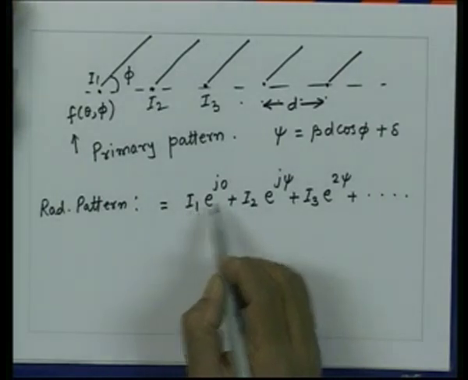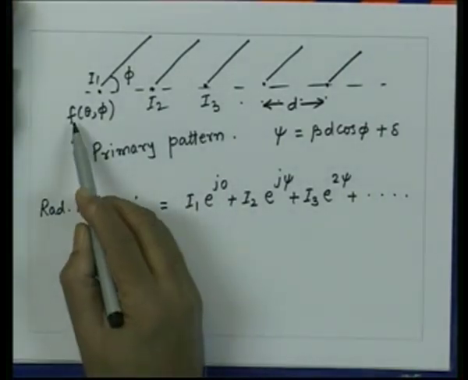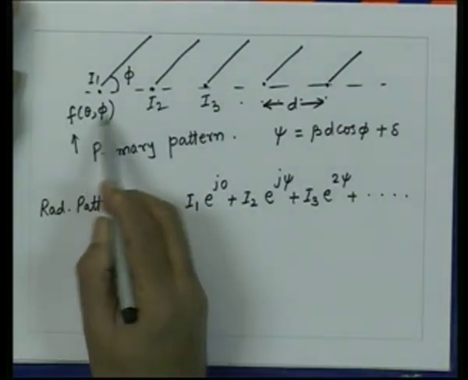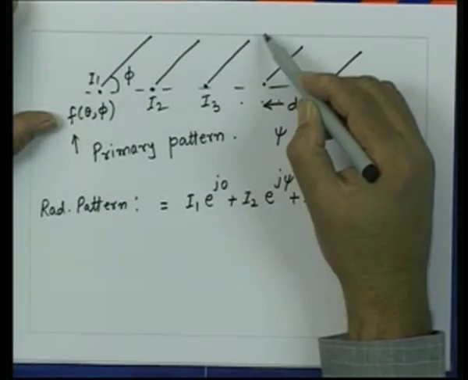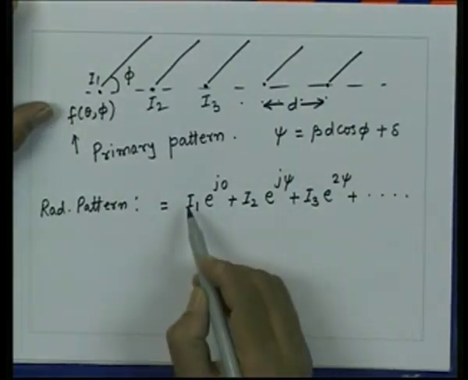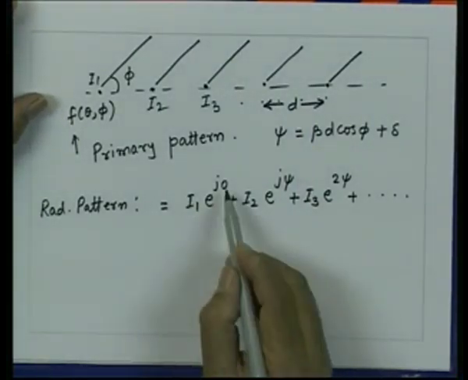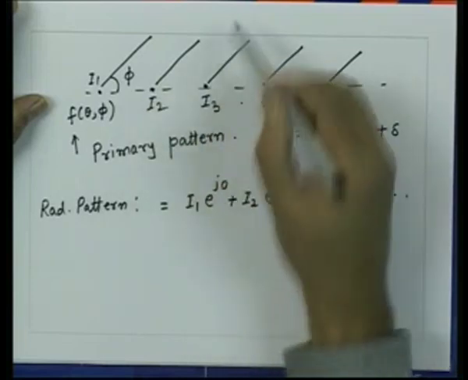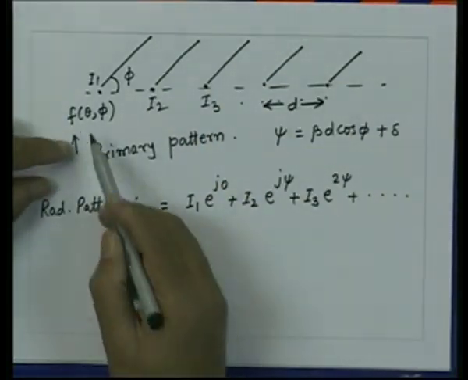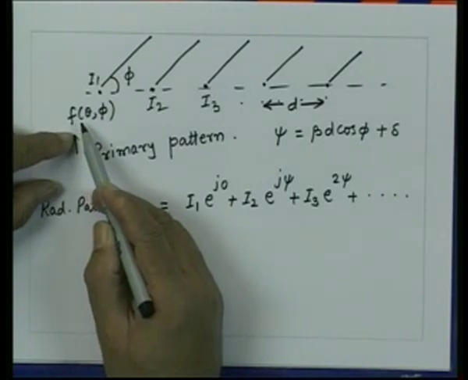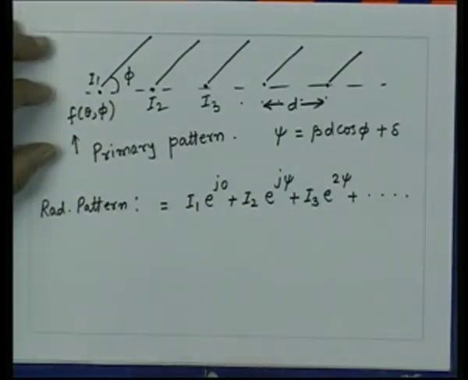Now, each of these radiations is weighted by this quantity f of theta phi. Earlier we had the field at a far away point which was proportional to only the current, and the phase was coming because of the propagation delay as well as the progressive phase shift. Now, we say that the amplitude is going to be weighted by this quantity, which is the primary radiation pattern.